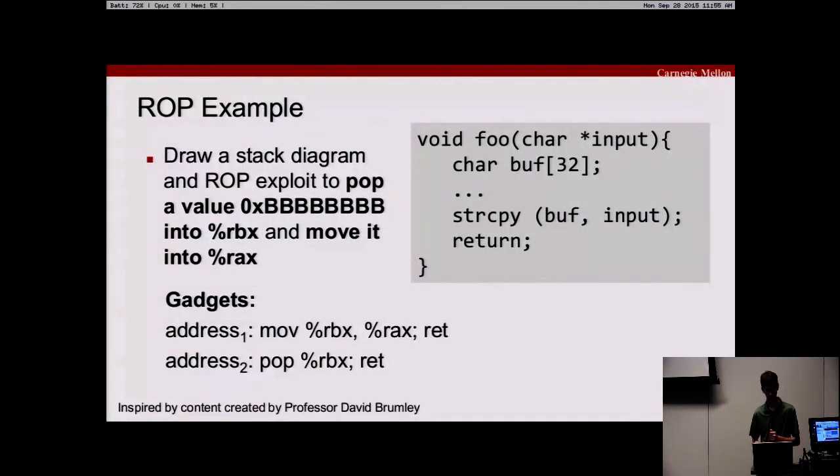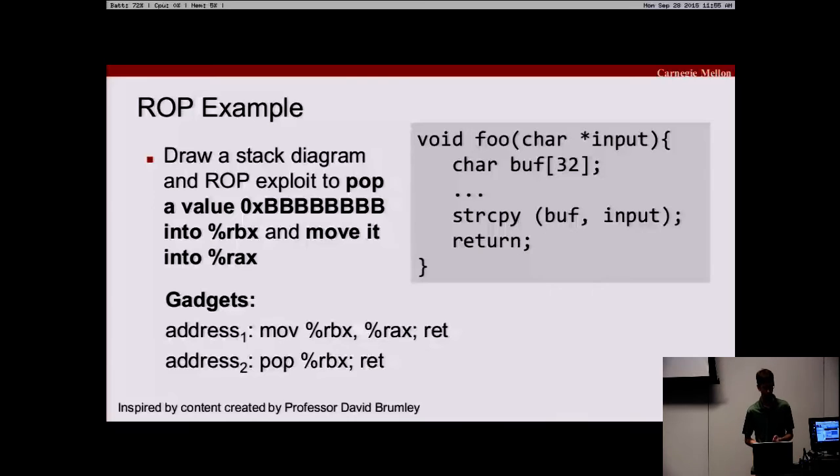So here we want to do an example. We've found 2 gadgets in the code, and we're going to show you how to find these gadgets in just a moment. Say we found 2 gadgets: one is a move RBX into RAX and then return gadget, and the other is a pop RBX and return gadget.